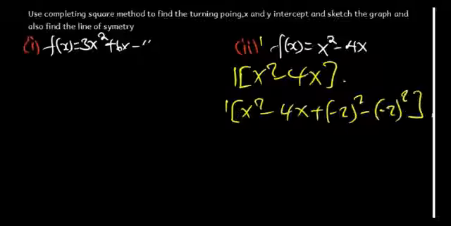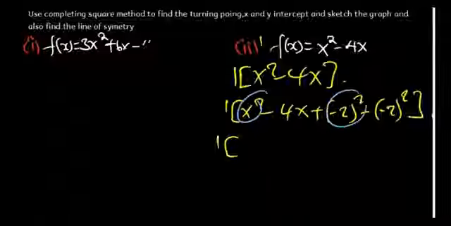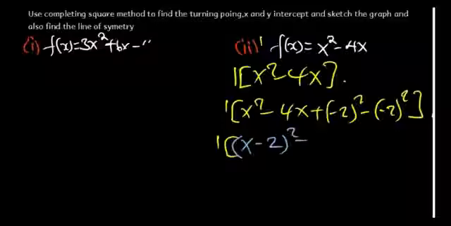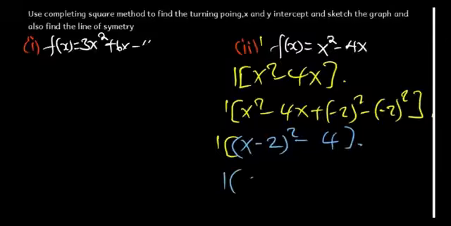Then we ignore the middle, that's what we said, we just get this and this. So we're going to have x minus 2 squared minus negative 2 squared, which is 4. Meaning that we have now 1 times x minus 2 squared, minus 4.